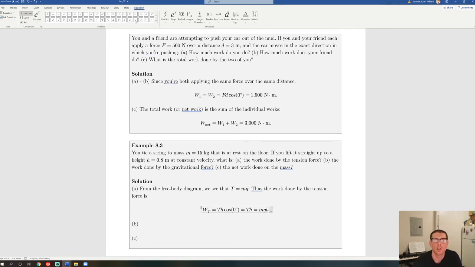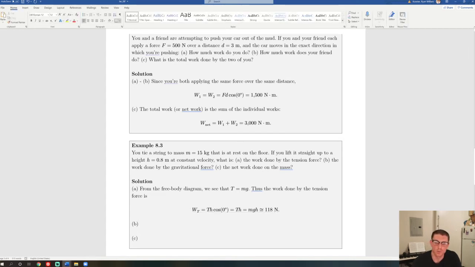And for you numbers people out there, in this case, I actually wanted to calculate the numbers too, because we'll see something interesting here when we do. This is just going to be approximately 118 newtons. Oh, sorry, newton meters, right? Be careful with units.